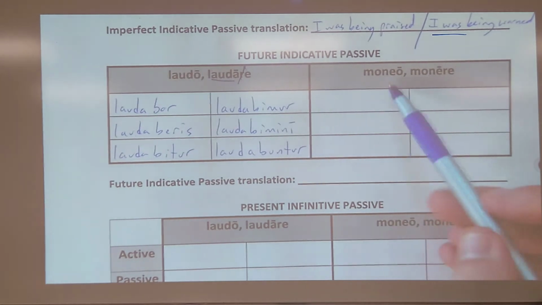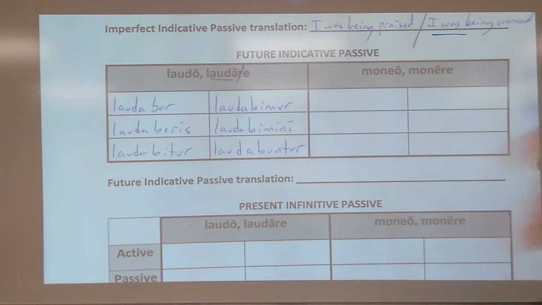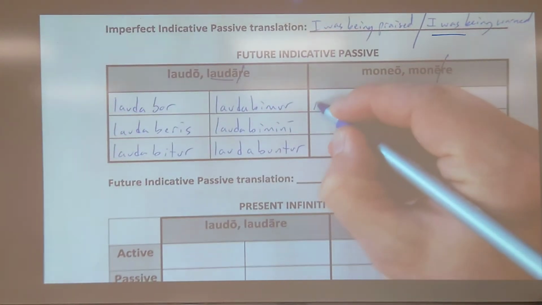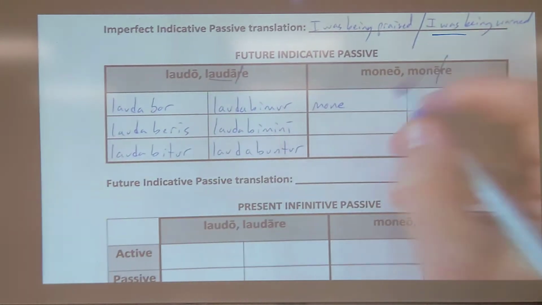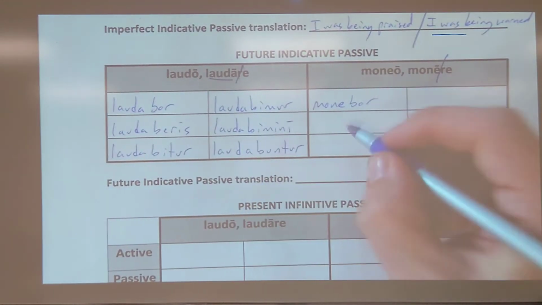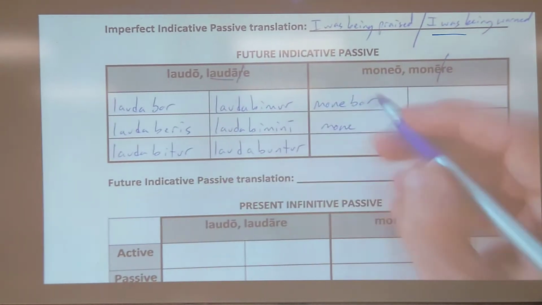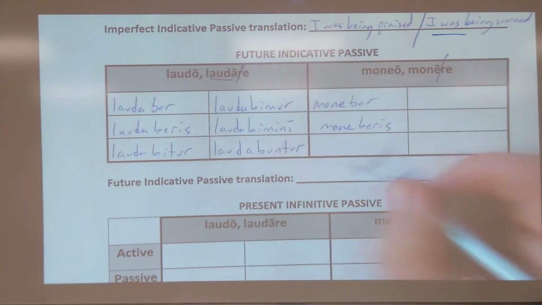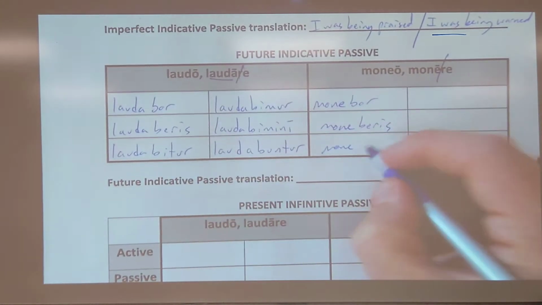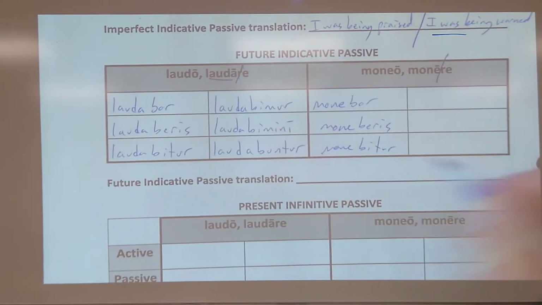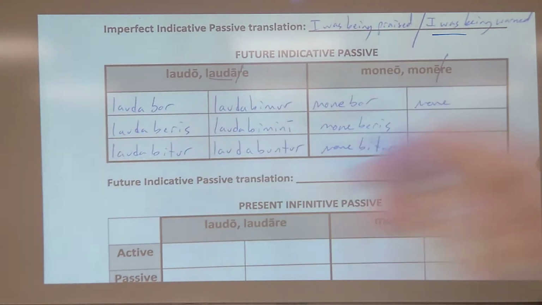Okay, for moneo, monere, second conjugation, we can do the exact same thing. Chop off the RE, mone, bor. Mone, beris. Mone, bitur. Mone, bimur.